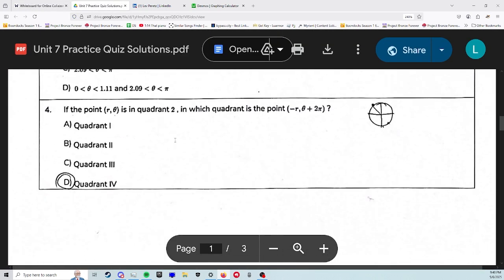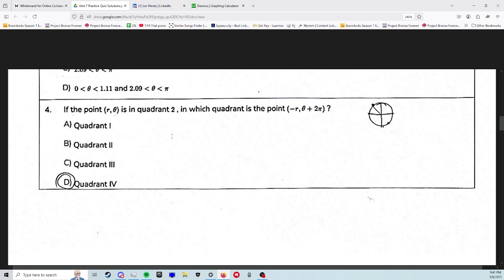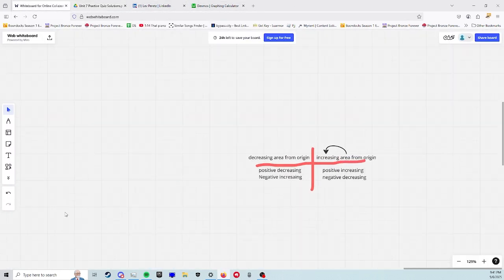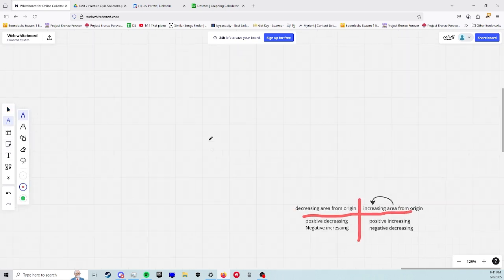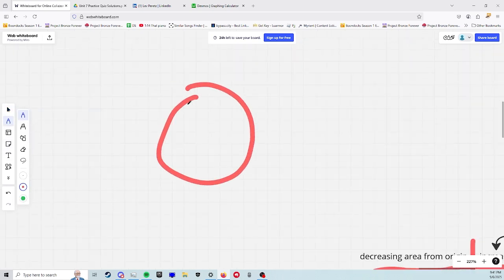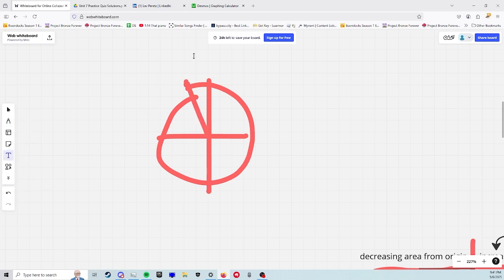And if we look at this decreasing distance from the origin, it's negative increasing. Okay, next: in the point (r, theta), what quadrant is the point negative r, theta plus 2 pi? Okay, so let's draw this out. Let's call this point r and theta.